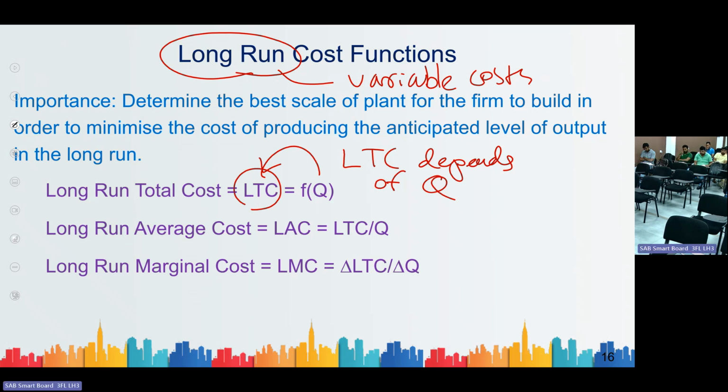Long run average cost is long run total cost divided by Q. Long run marginal cost is change in long run total cost divided by change in Q.